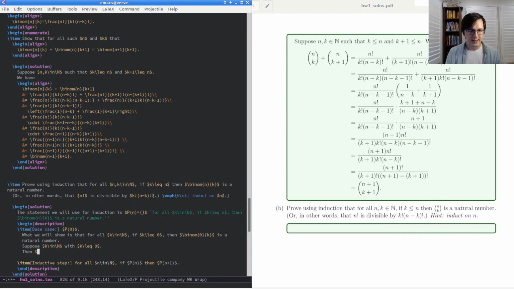One of the consequences of k being less than or equal to 0 is that k is 0.